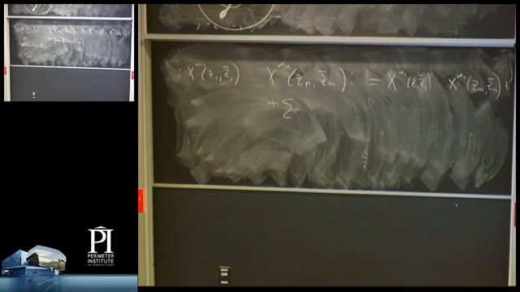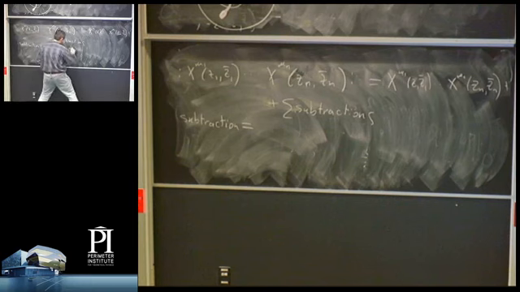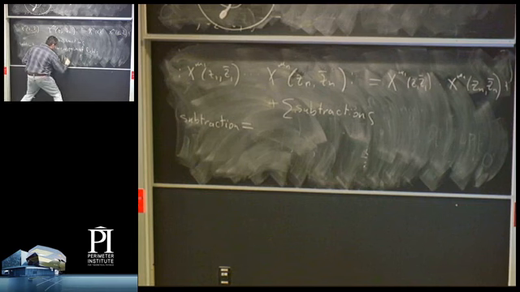We take a pair of operators, and subtractions are also called contractions, a word I think you've seen before. So the subtraction is a contraction of a pair of two fields, where we replace a pair of fields with 1/2 α' times η^{μ_i μ_j} log |z_ij|.